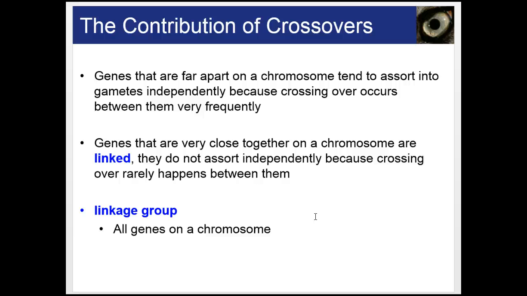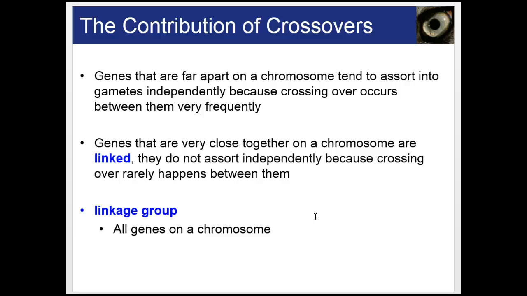Bits and pieces of each of those chromosomes actually tend to swap places. That's called crossing over, and it helps to mix up mom and dad's genes that you got even more so as you put them into sperm or egg.